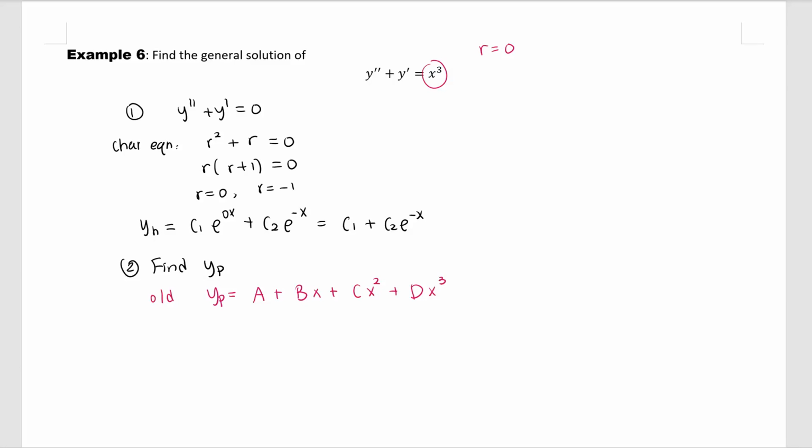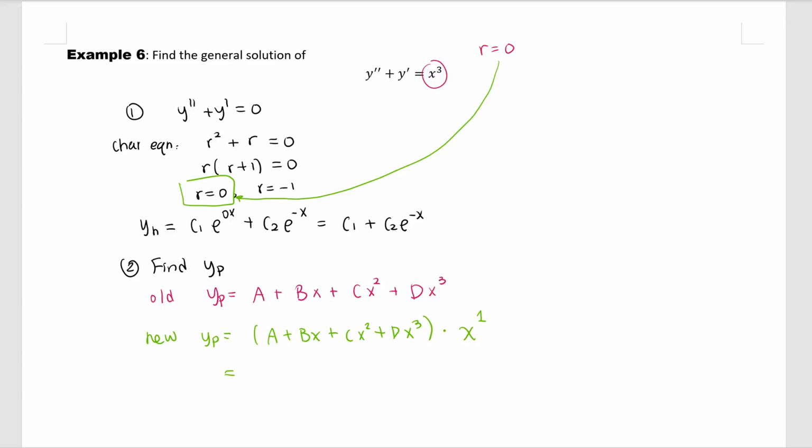Do you see the same roots in the characteristic equation? Yes. If you see the same roots, your new yp is your old yp multiplied by x to the multiplicity of the corresponding roots in the characteristic equation, which is 1. Okay, everybody?